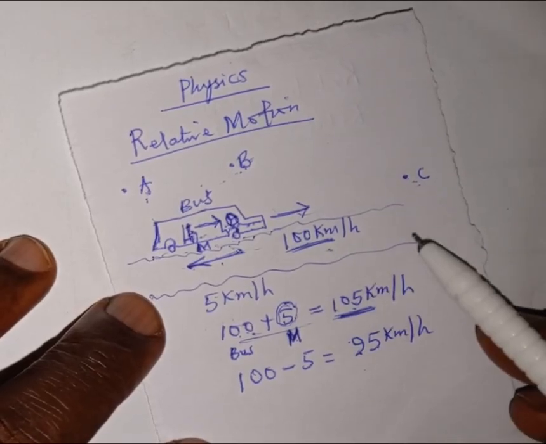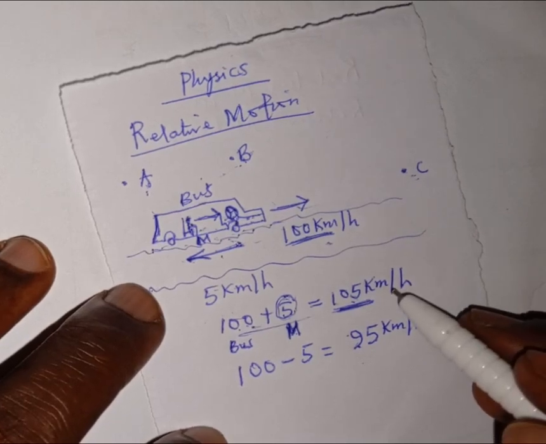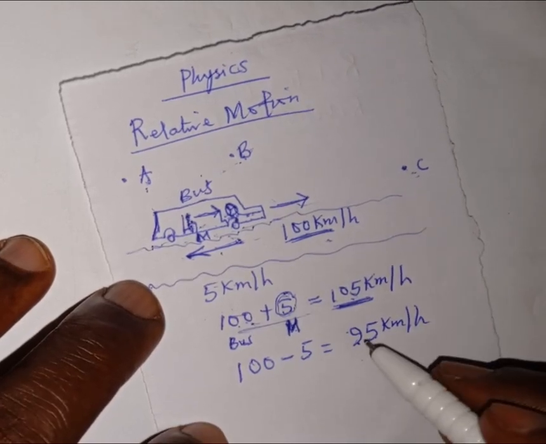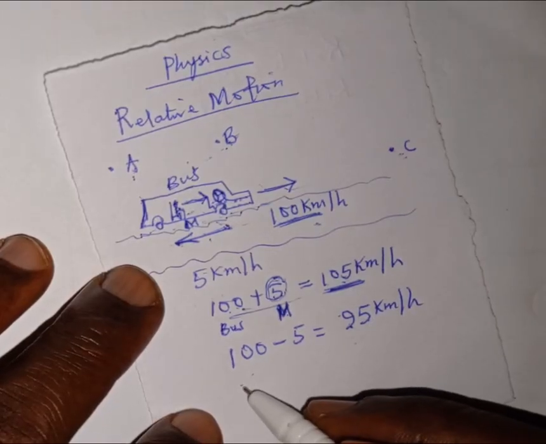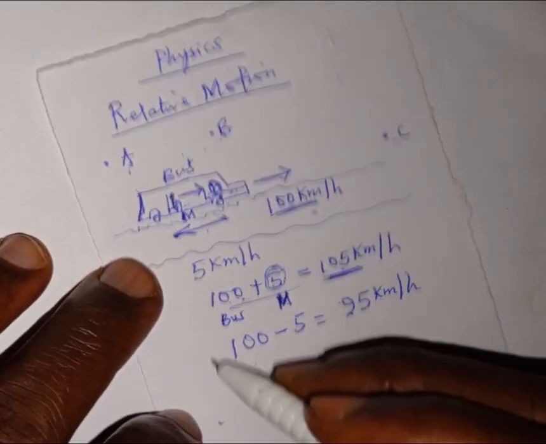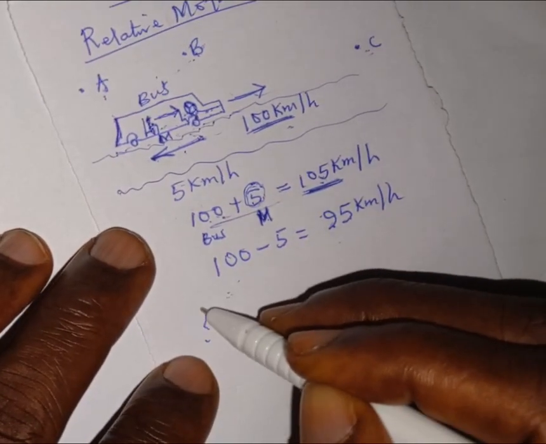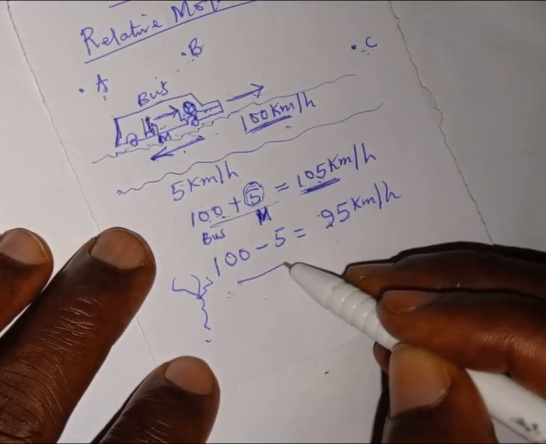This same relative motion creates an illusion. If somebody is traveling in a bus and looks outside, you see the trees, and trees are usually static, and the bus is traveling.